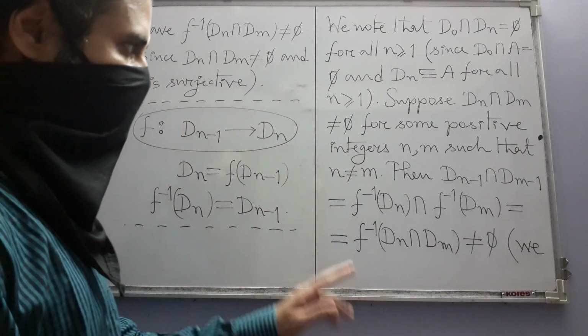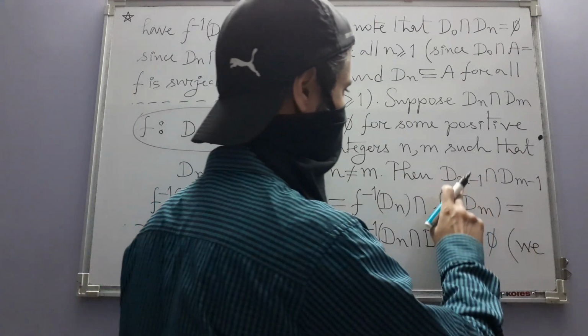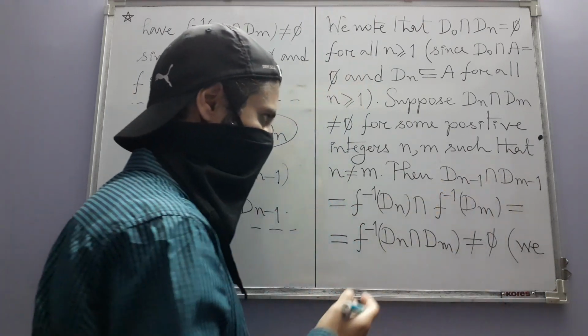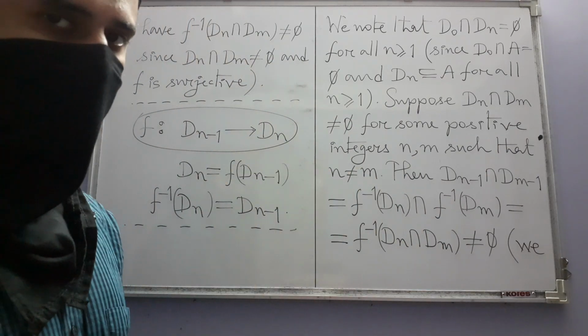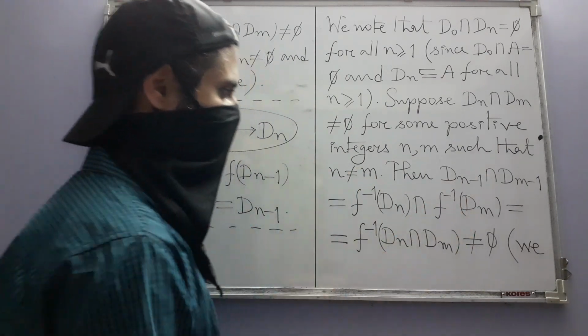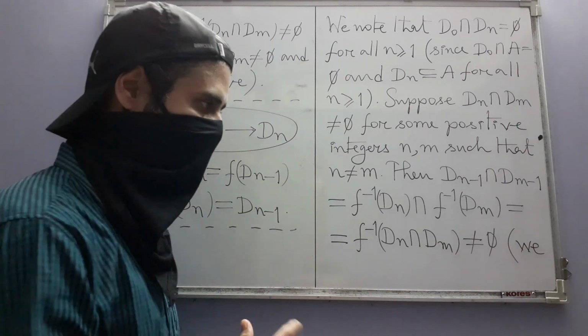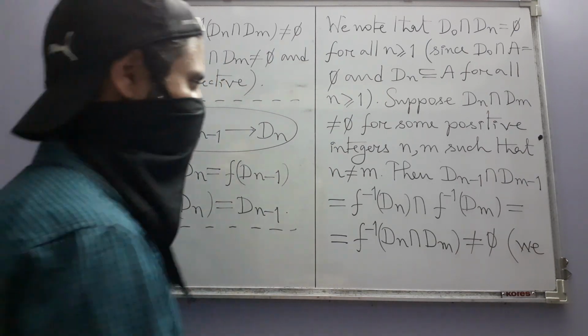So now what we have obtained is that another such intersection where the suffixes are 1 less than the previous suffix values is also non-empty. So we can continue this process. Eventually what we will get is this.